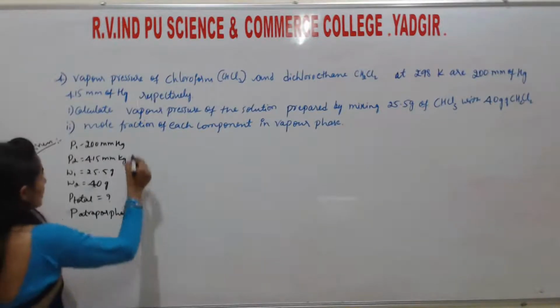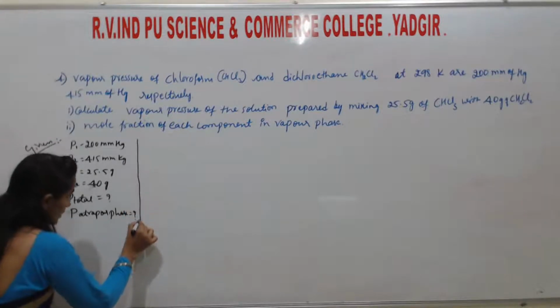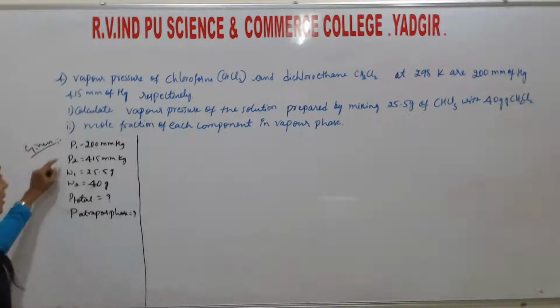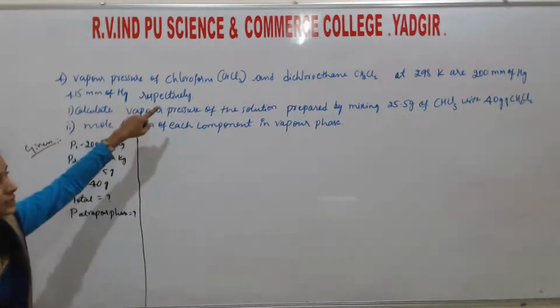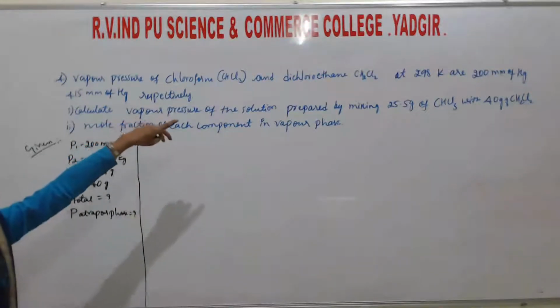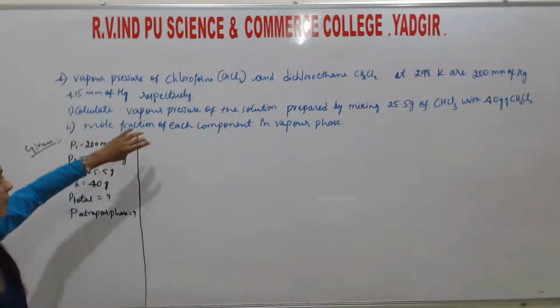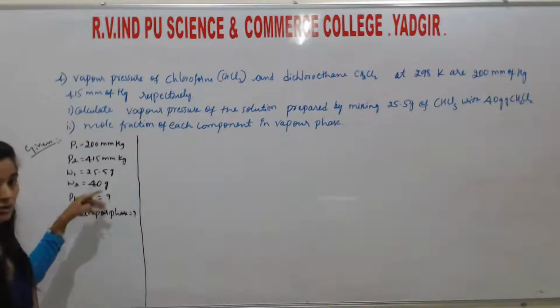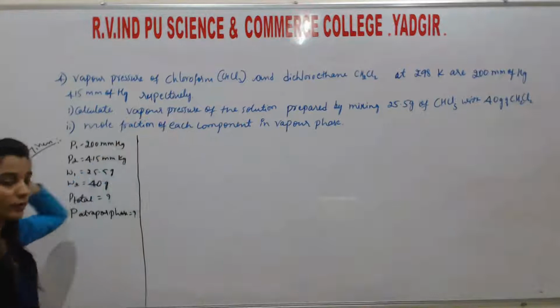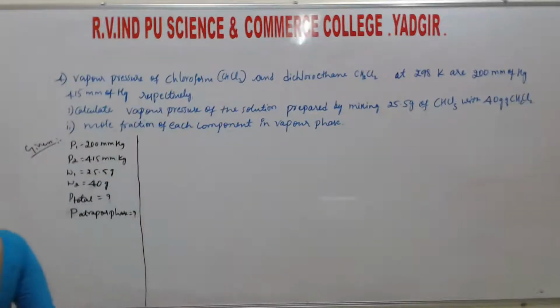So students, here what you are going to do is first, by using these values, calculate number of moles of CHCl3 and CH2Cl2 individually. The given mass divided by molecular mass gives number of moles of the respective compounds.